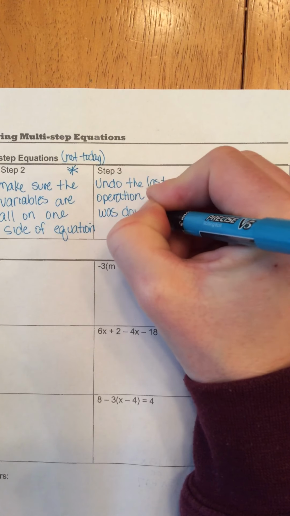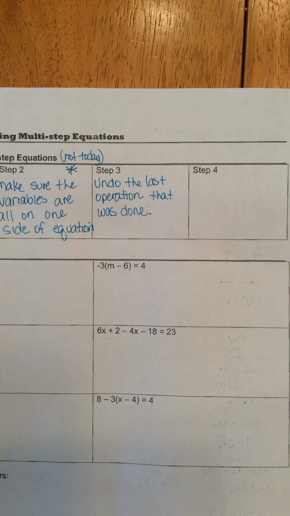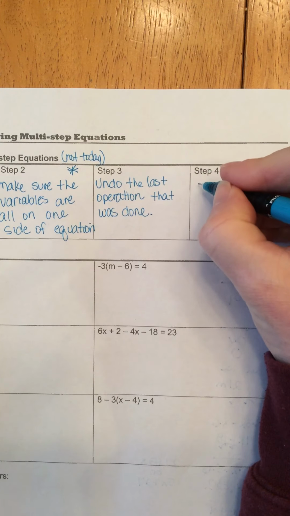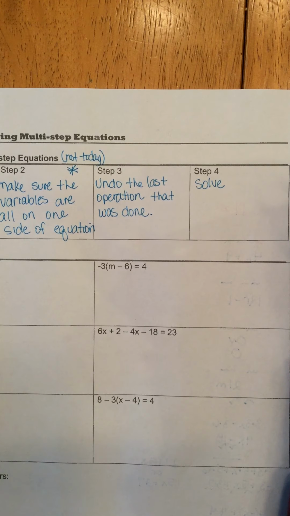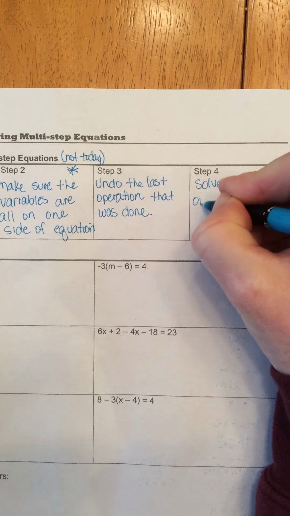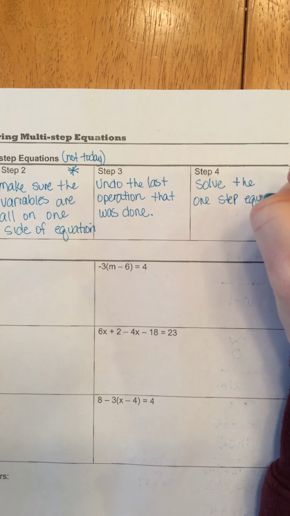And I'll show you what I mean by that when we do an example. And then finally, step four, what we'll have left is a one-step equation. So we'll undo order of operations again by solving the one-step equation.